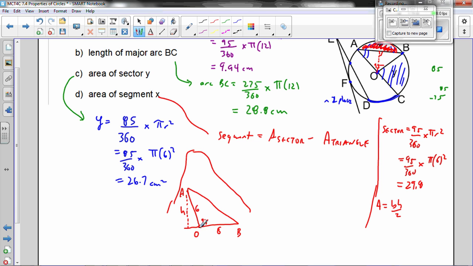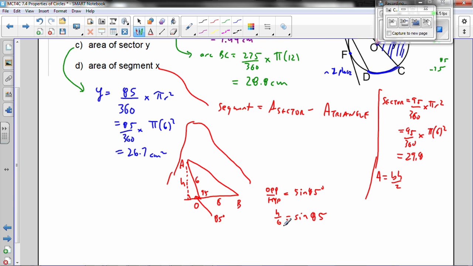It's hard, but it's trig, believe it or not. That angle is 85 degrees, right? Because it has to add up to a straight line. And this is the opposite side where the hypotenuse is 6. So I've got the opposite and the hypotenuse, and opposite over hypotenuse is the sine of 85 degrees. Opposite is what we want to find. Hypotenuse is 6. Note to self, study for the exam.